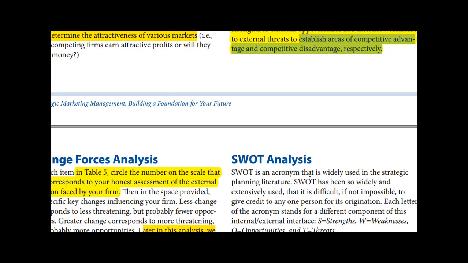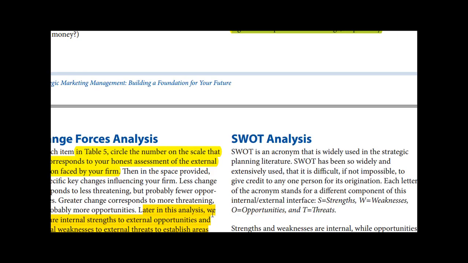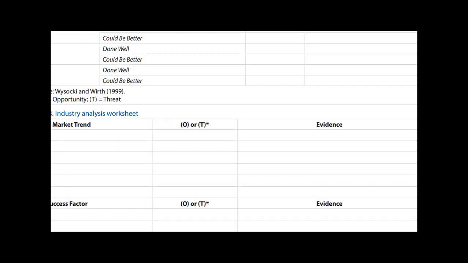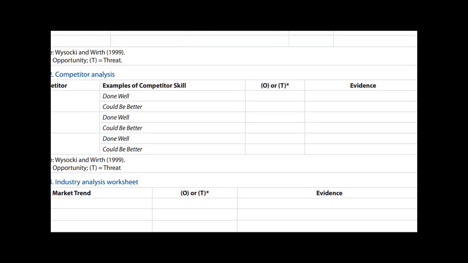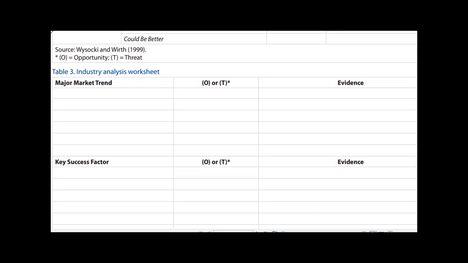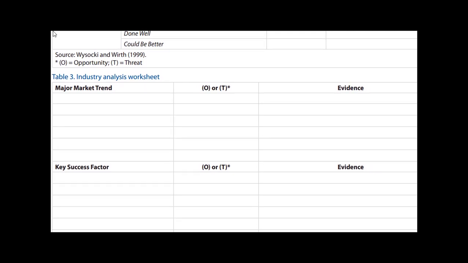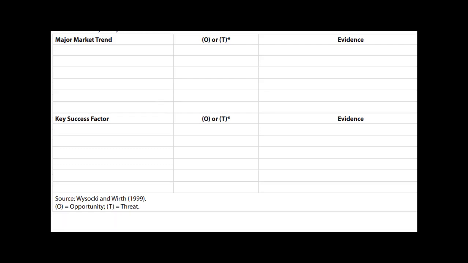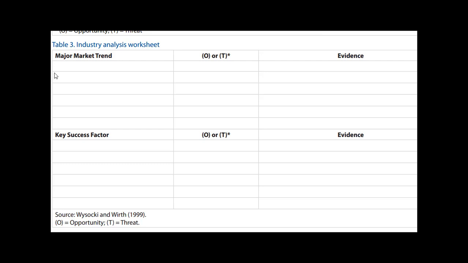So let's move again towards the end of this reading and see tables number 3 and 4. We have talked about table 3 earlier on. Let me show you this table once again, and after that we will describe table number 4. Table 3 was explaining the first two points of industry analysis, major marketing trends and key success factors.